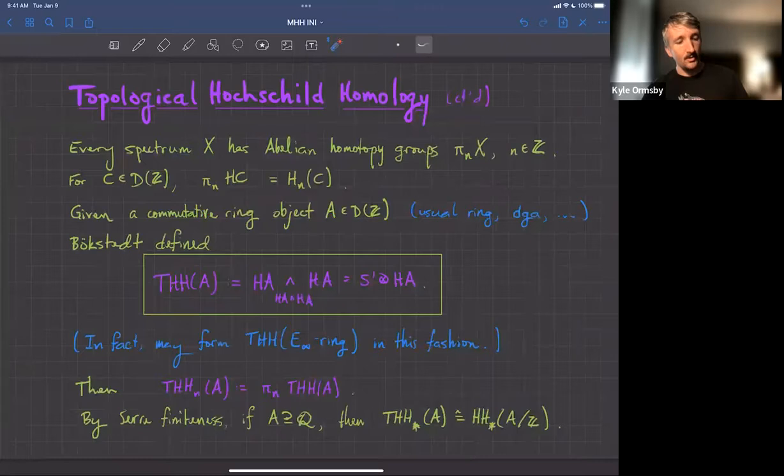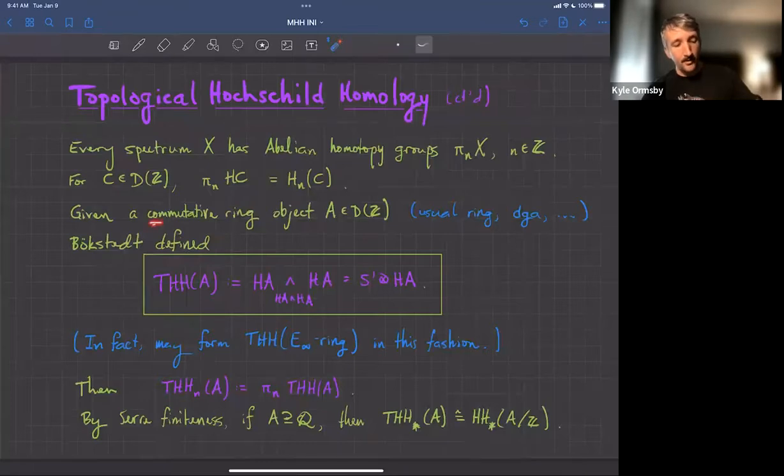What we can do is define, as Hochschild did, given a commutative ring object in the derived category of abelian groups, THH to be the smash product of the Eilenberg-Mac Lane spectrum HA with itself over the smash product of HA with itself.